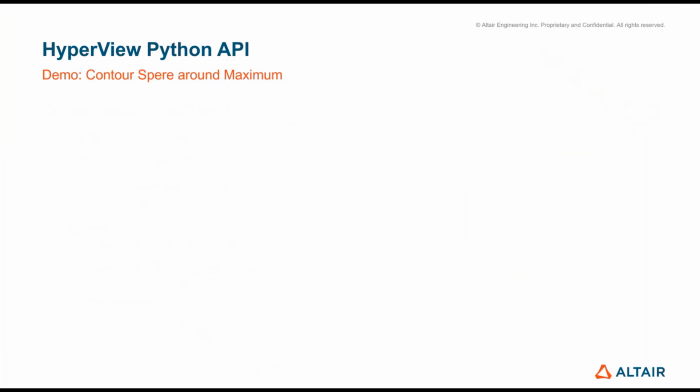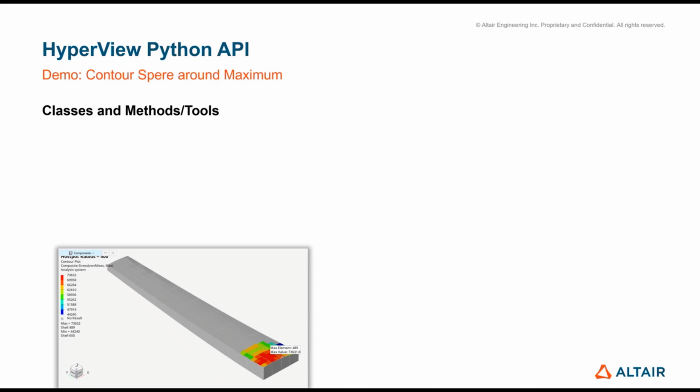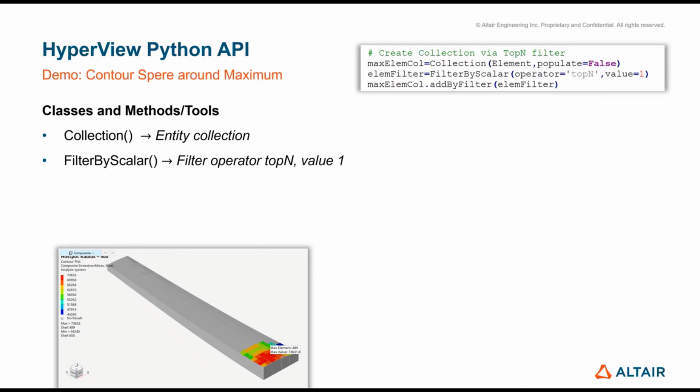This is a little bit more challenging. So I created my own hotspot finder via Python. So the classes and methods I used here: I created a collection. Here I use populate false, a collection of type element. So this collection is empty. I created a filter by scalar object with the operator top n and value 1.